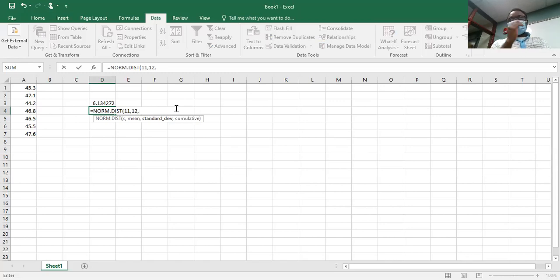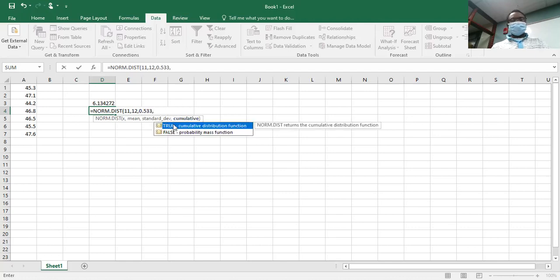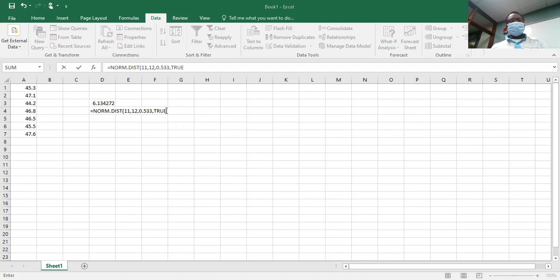This will give us the left side and 0.533. So you subtract this from 1.